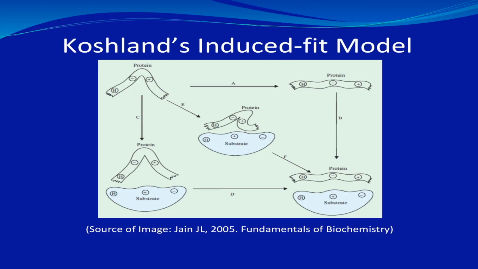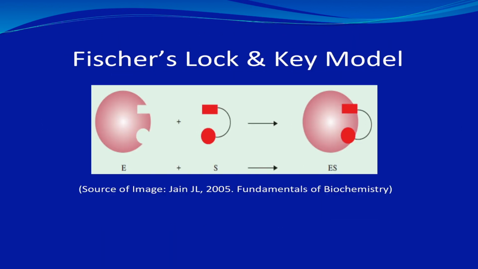The active site is the main region of the enzyme where the substrate binds, and this was formulated by two main models. One was Koshland's induced fit model, the other was Fisher's lock and key model.